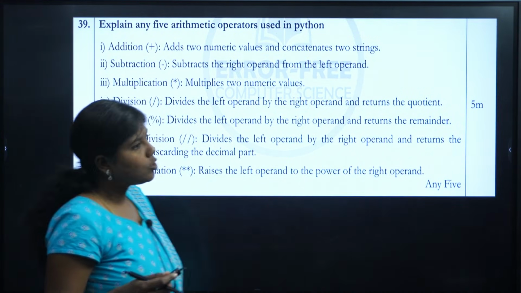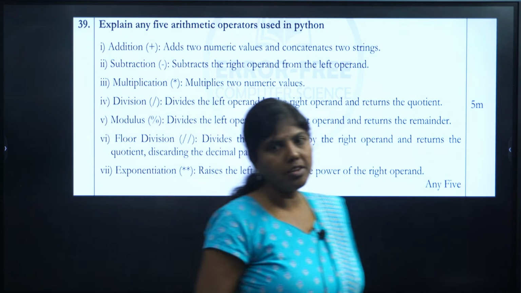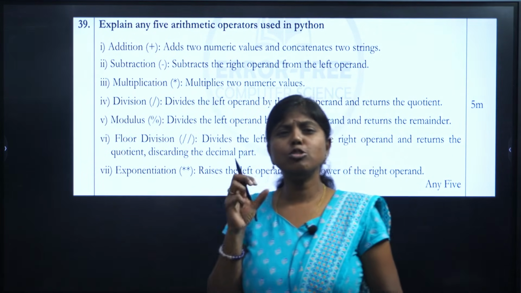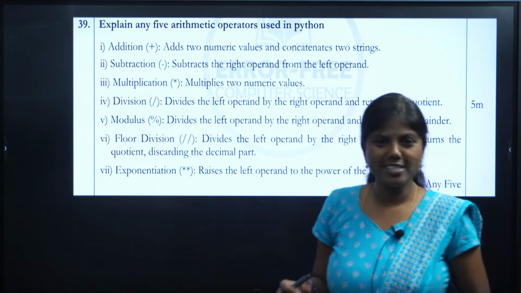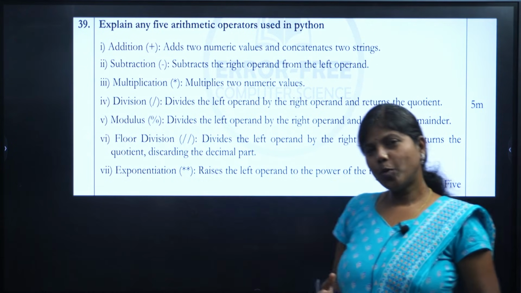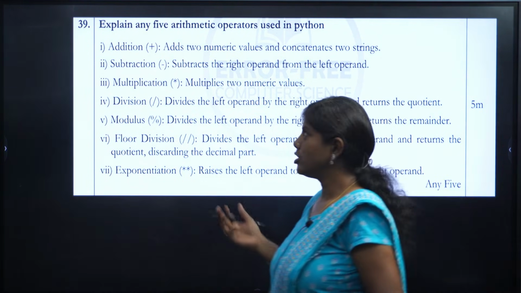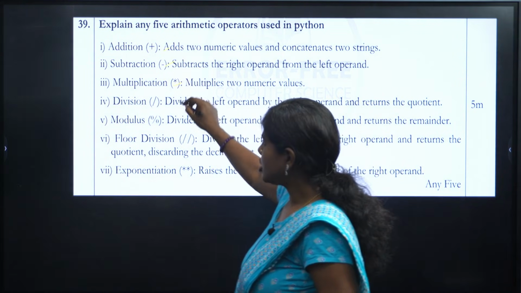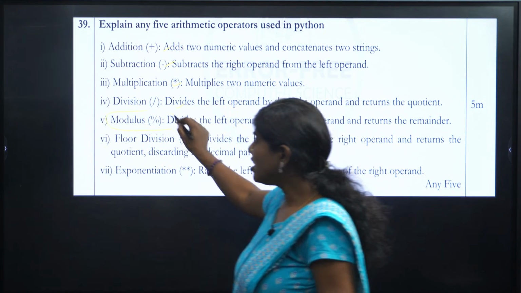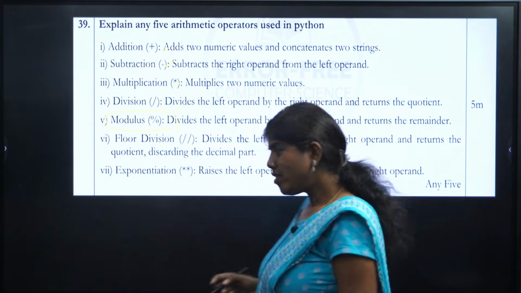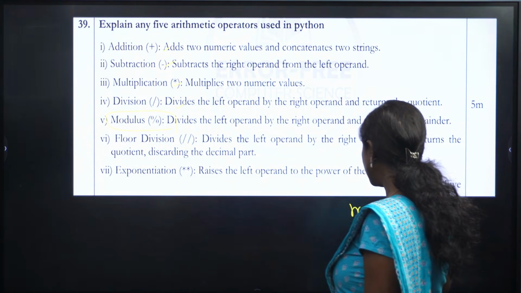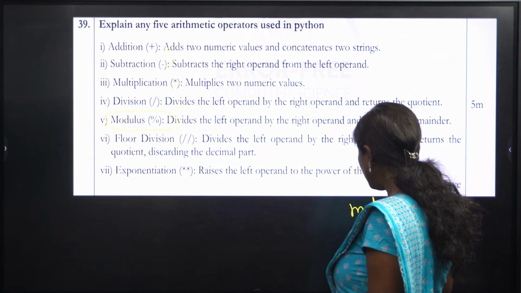Explain 5 arithmetic operators used in Python. What are the different arithmetic operators? I think the simplest question of all the 5 markers is going to be this. So the arithmetic operations are addition, subtraction, multiplication, division, and we have something called modulus. Ma'am, instead of mod, can I use this?